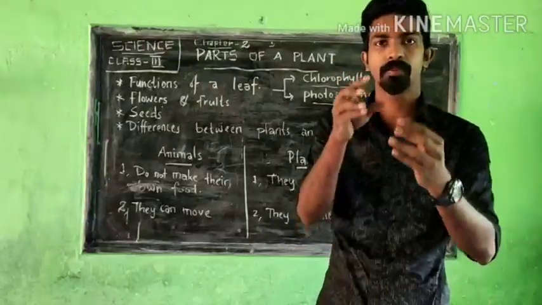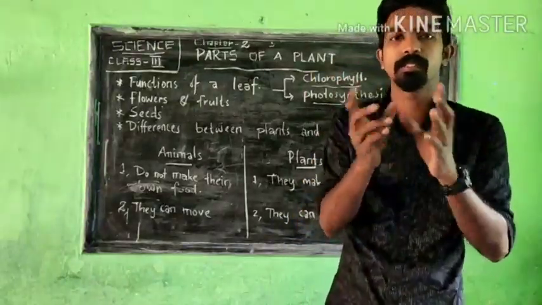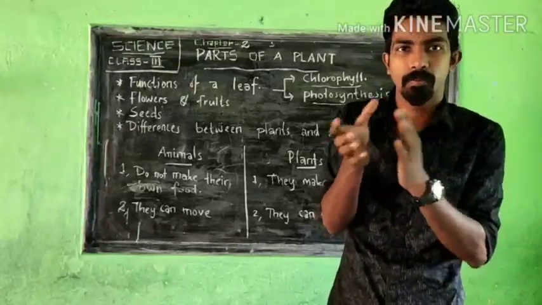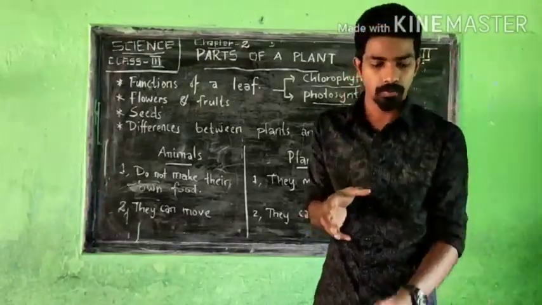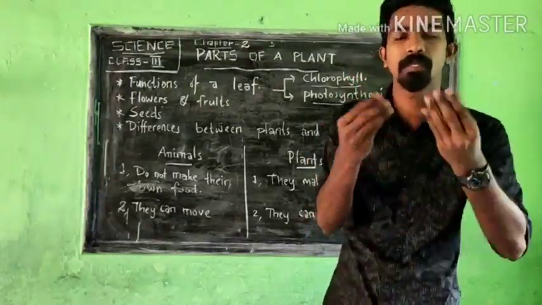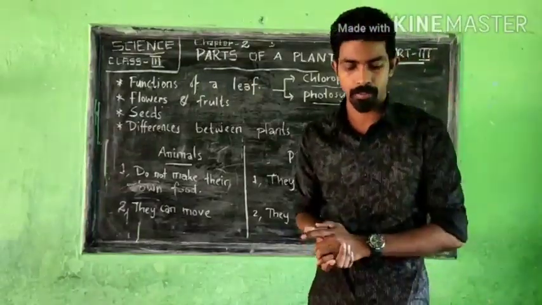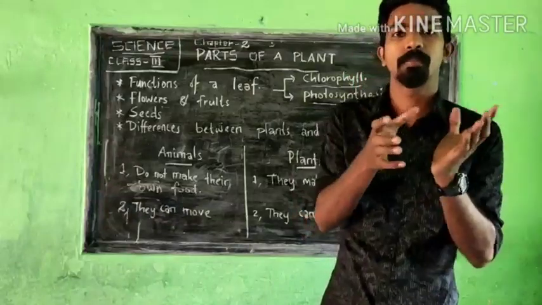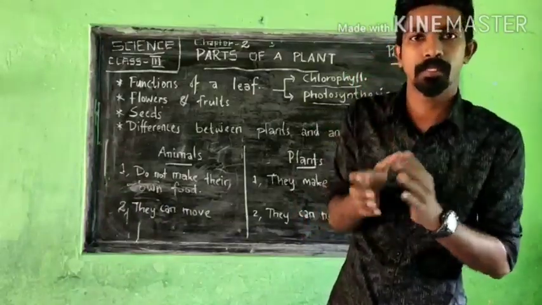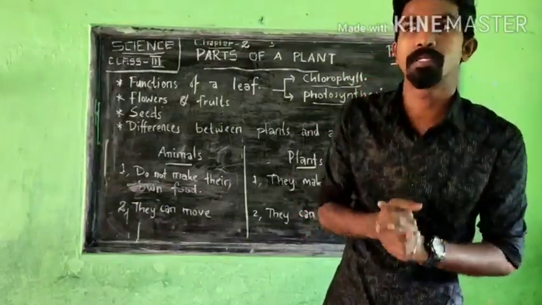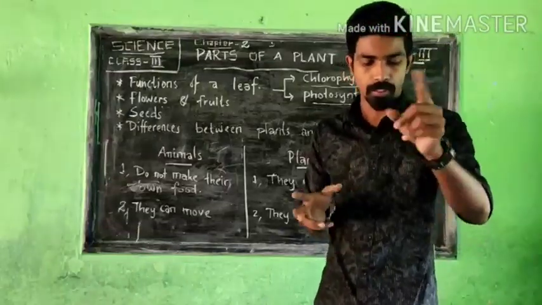With the help of honeybees and insects like that, the pollination process takes place. Without pollination new plants will not grow. So pollination helps in reproduction in plants. Okay, so that is about that one.